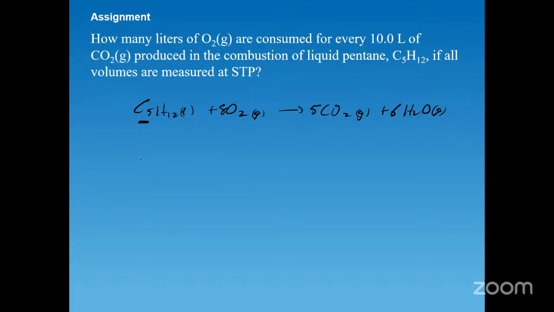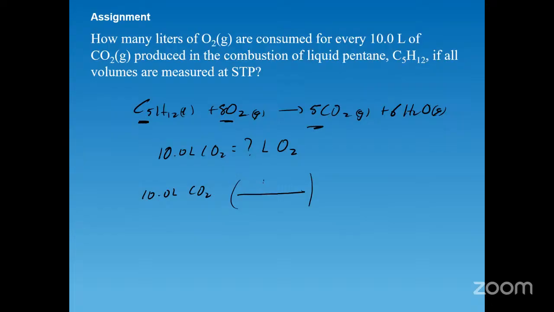Okay, so the question is asking how many liters of oxygen are consumed for every 10.0 liters of carbon dioxide. So you're given 10.0 liters of carbon dioxide, and the question is how many liters of oxygen would be consumed. So we start out with the 10.0 liters of CO2, and then we multiply by the volume ratio between the oxygen and the carbon dioxide.